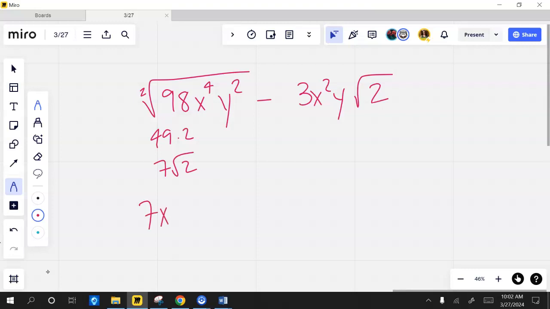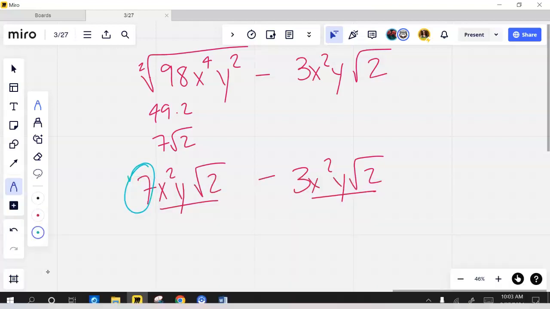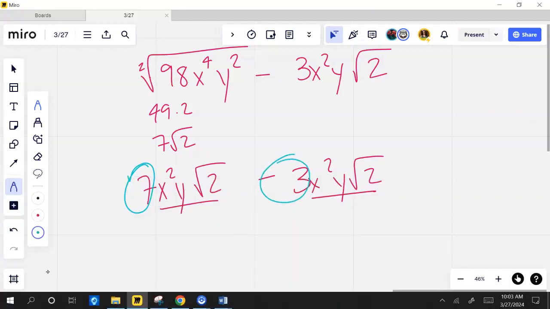Twice, with nothing left over. 2 goes into 2 once with nothing left over, and that 2 is still under that radical. 4, that's exactly right. Notice my like terms with my variables include all of that, so the coefficients that I'm combining are 7 and -3, which would give me 4, and then everything else stays on there.